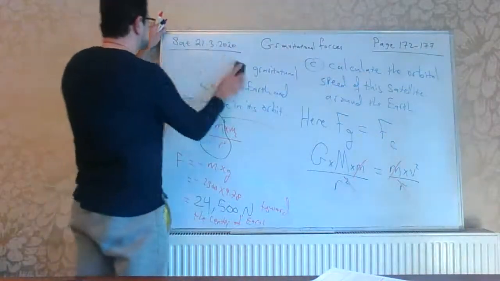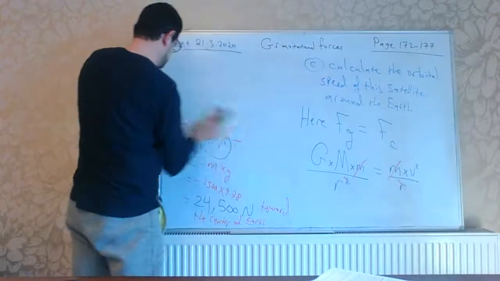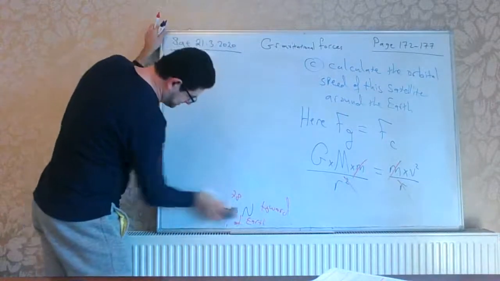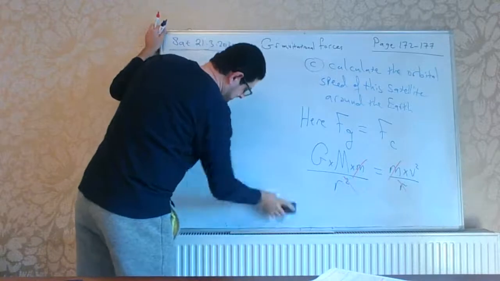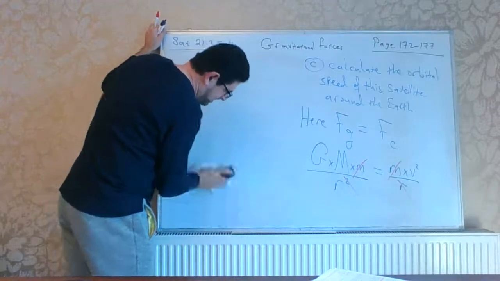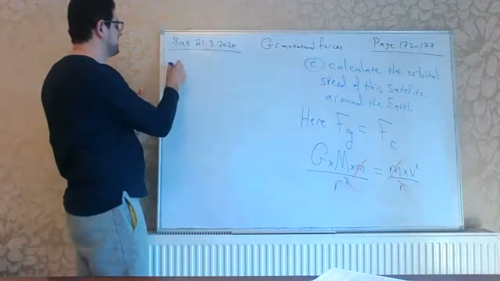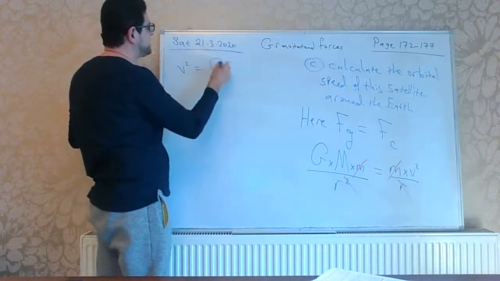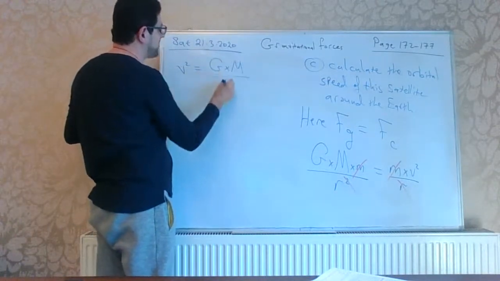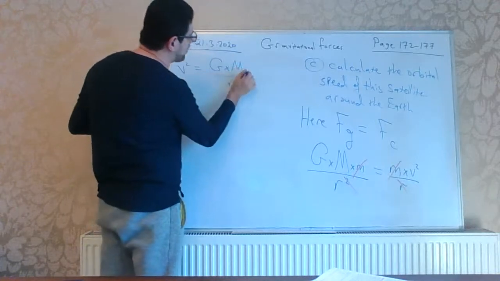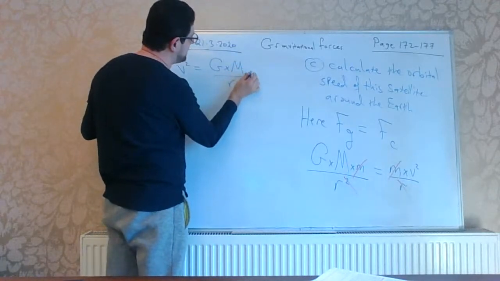So here v squared is equal to G times M over r, where M is the mass of the planet, okay?